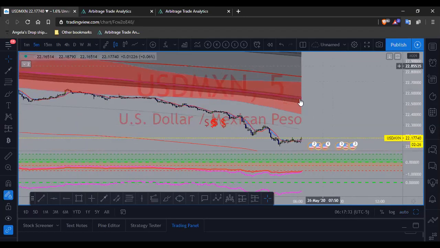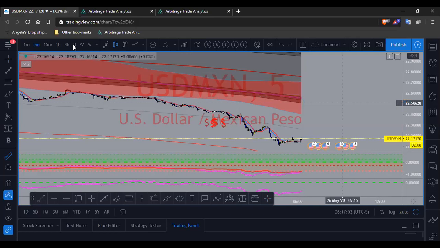But it's far away from this RSI line. It's far away from even calling a buy. It's almost 400 pips away from the RSI line, let alone going bullish.